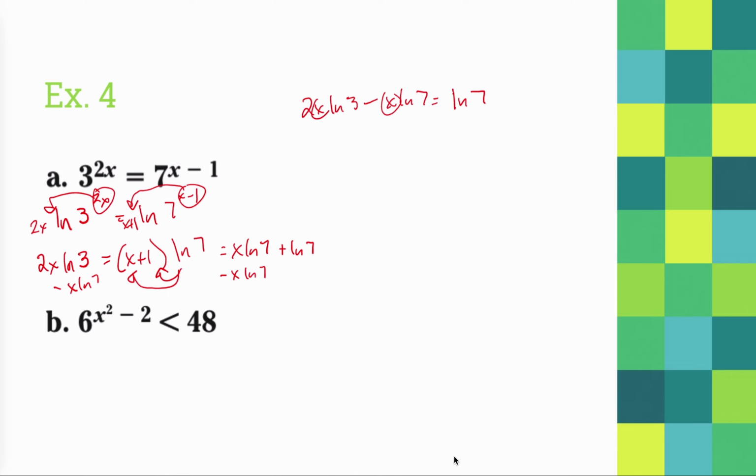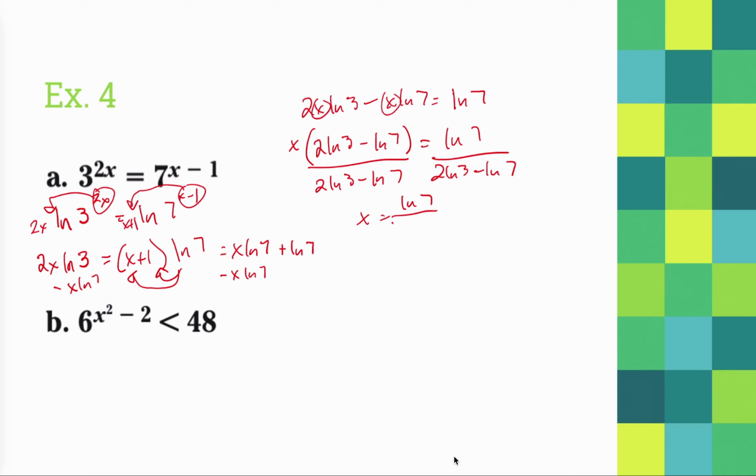Now we can factor out the x's, and this is 2 ln 3 minus ln 7 equals ln 7. And then divide by all this non-x stuff. X equals ln 7 over 2 ln 3 minus ln 7.